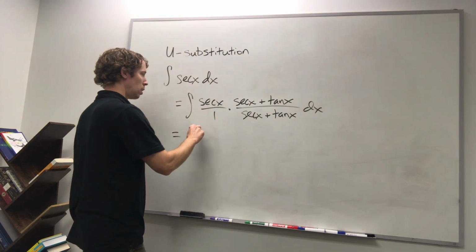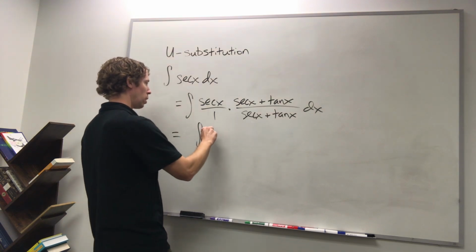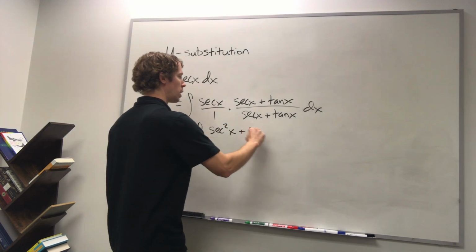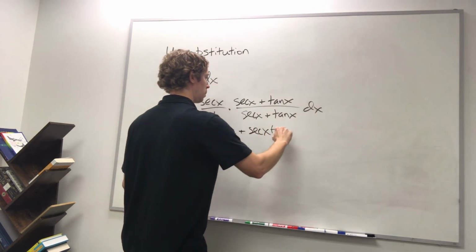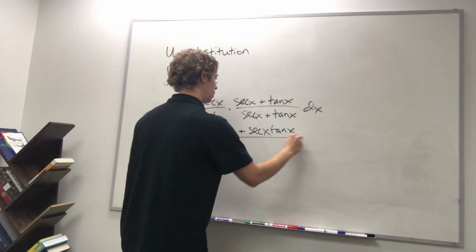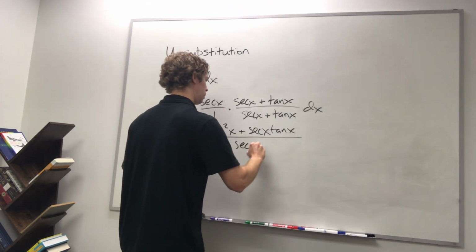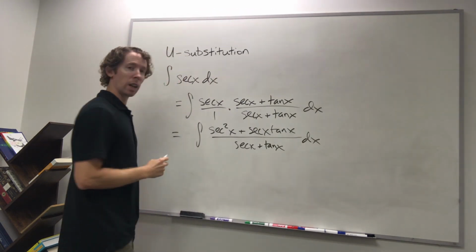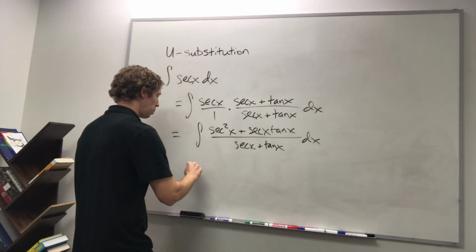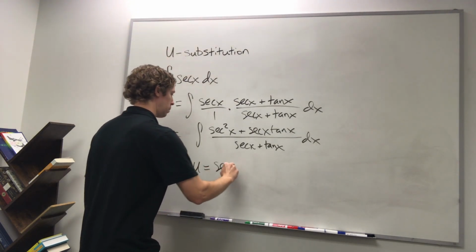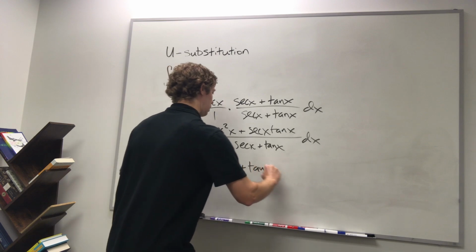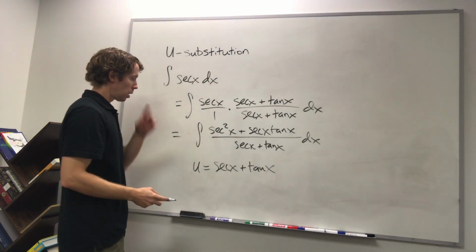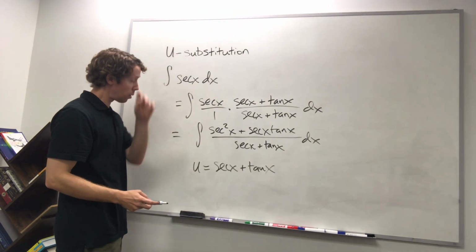I'll go ahead and write this out as secant squared plus secant tangent in the top. And then, like I said, I'm going to let u equal the stuff in the bottom. So du is now the stuff in the top.